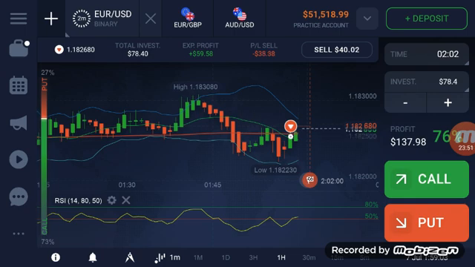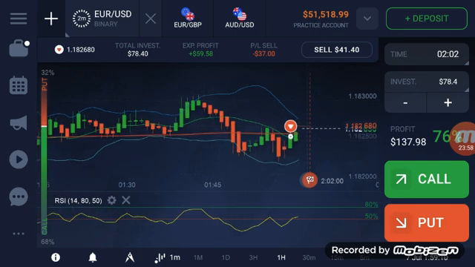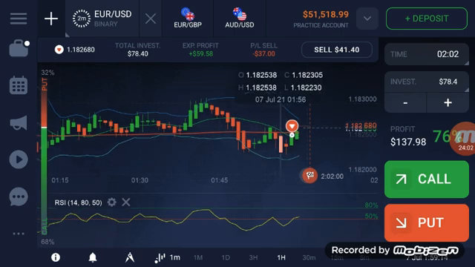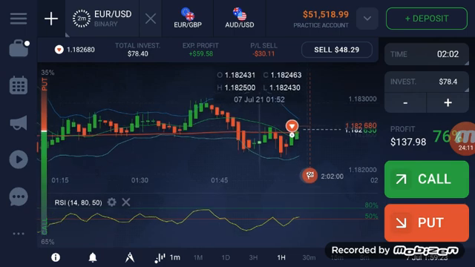Okay, let me put it into context. These 3 green candles made an up movement that went over the 50 on the RSI. These 3 red candles made a down movement back to the same level, basically where it started.